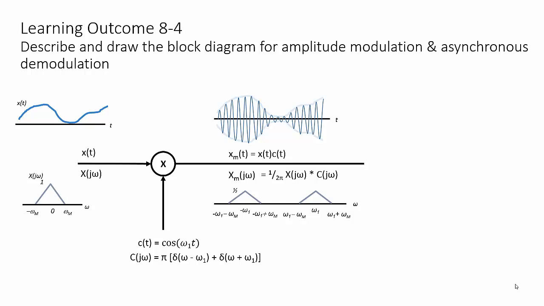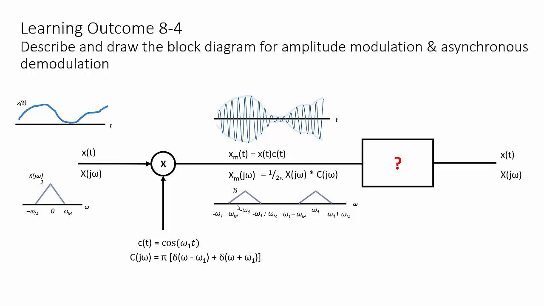As you saw in previous videos, the modulation process takes a signal, multiplies it in time by a cosine, and this produces an amplitude modulated signal with a given spectrum. Demodulation says what do we do with that to return our original signal and our original spectrum.